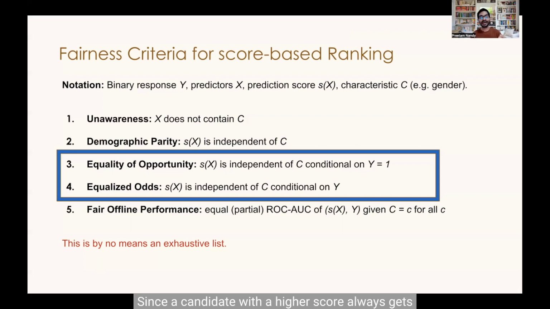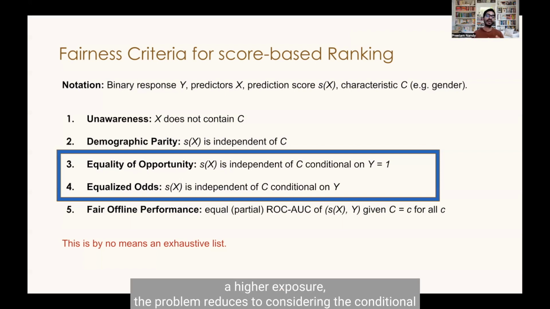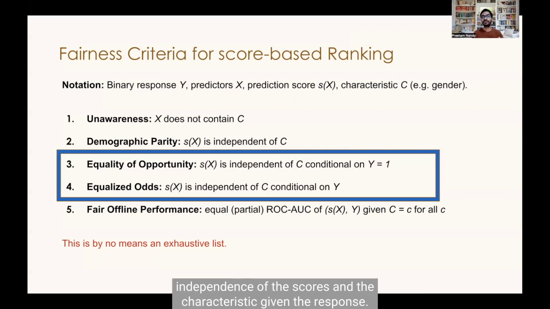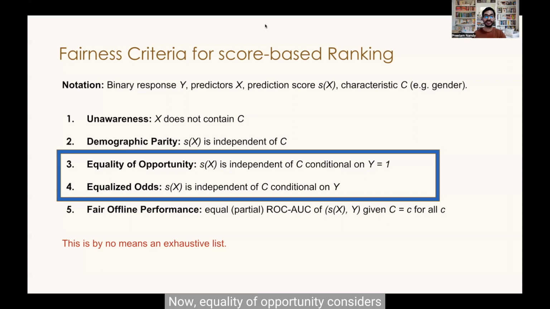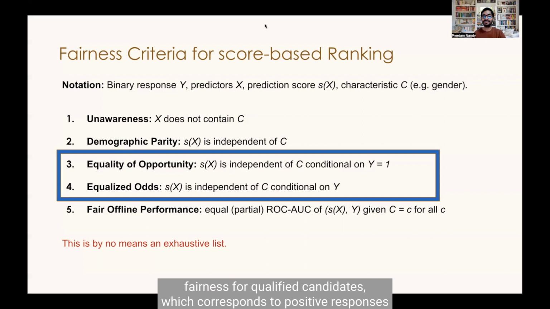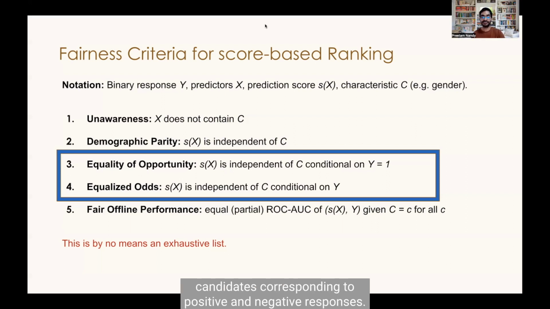Since a candidate with a higher score always gets a higher exposure, the problem reduces to considering the conditional independence of the scores and the characteristic given the response. Now, equality of opportunity considers fairness for qualified candidates, which corresponds to positive responses, but equalized odds considers fairness for both qualified and unqualified candidates, corresponding to positive and negative responses.